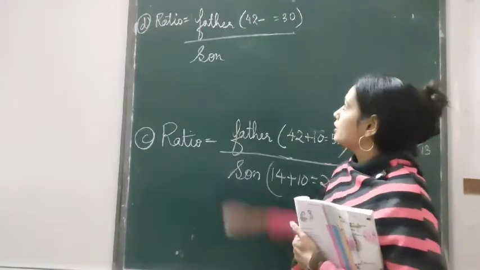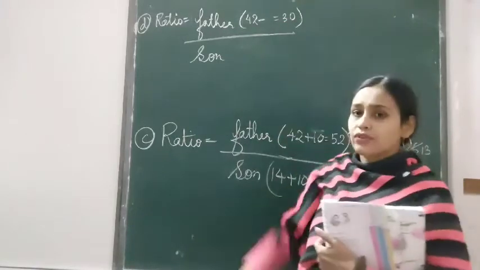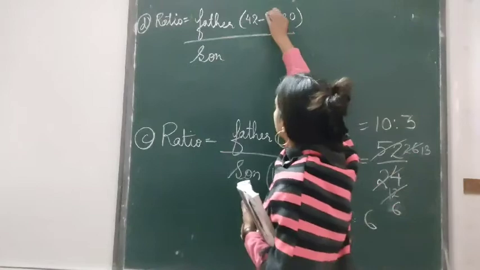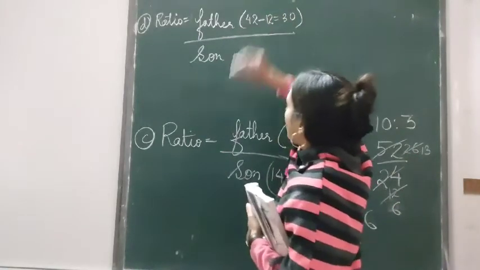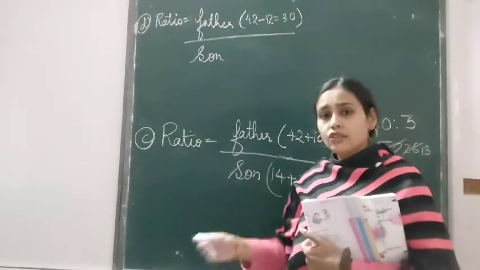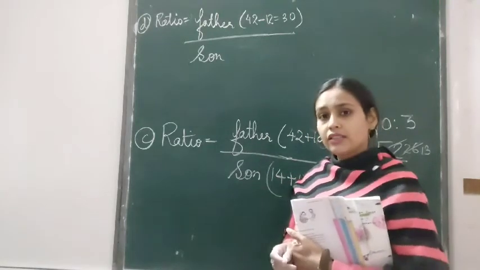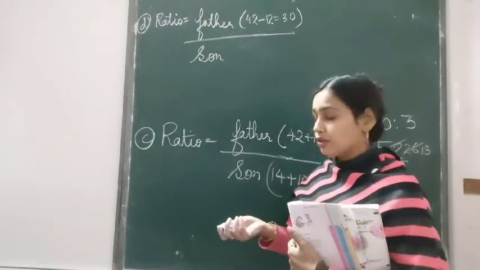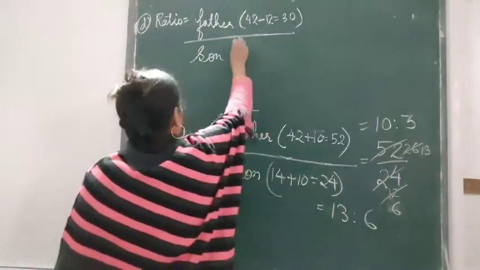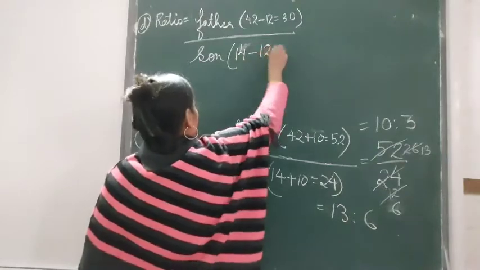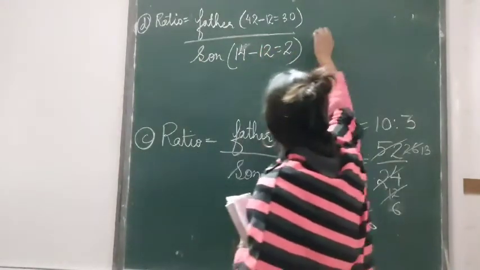Very simple. We subtract 30 from 42 and we get 12. That means the age of father 12 years before. Similarly, we need to know 12 years before, son was 2.